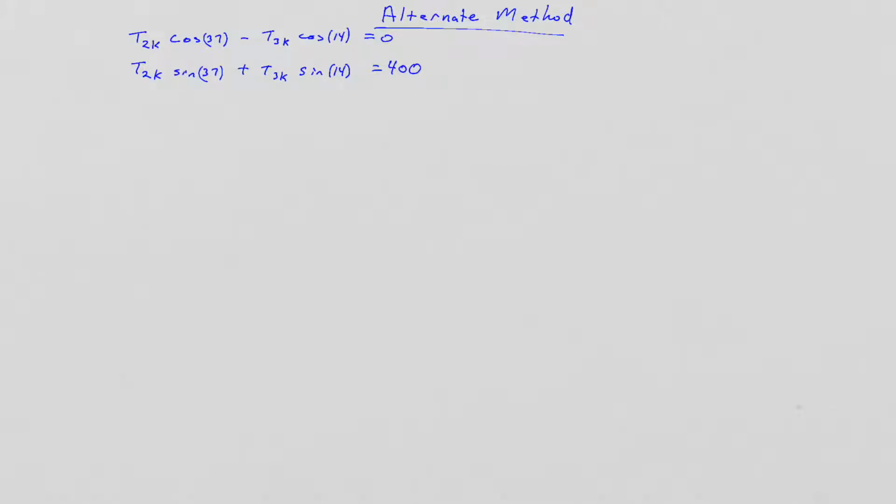Okay, so let me make a little room here. I'm going to pull this down just a little ways. So the goal here is to be able to do something with this term and something with this term here, so that when we add these two sides together, the T3k terms will cancel each other out, and we're left only with things in terms of T2k.